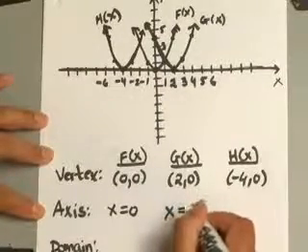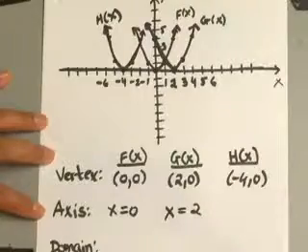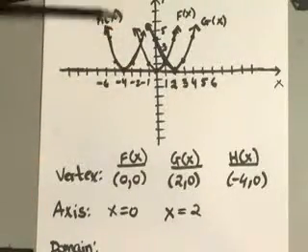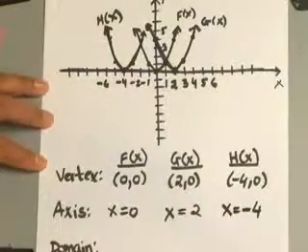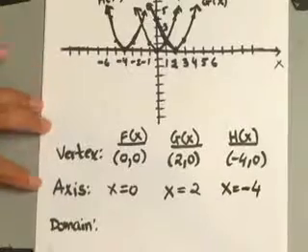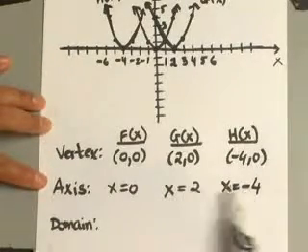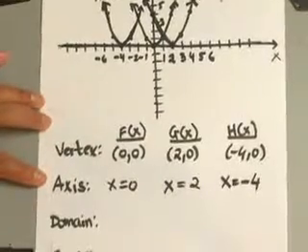In this case, it will be the vertical line x equals 2. And for h of x, the axis moves 4 units to the left, and it's going to pass through x equals -4. Okay, so again, your axis for each one of these is the same value as what your h value is.